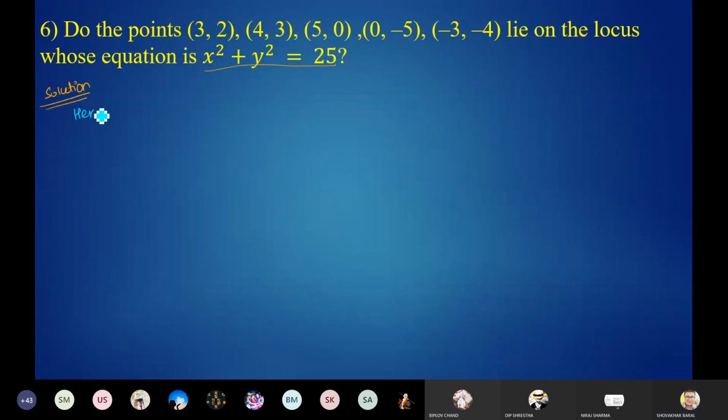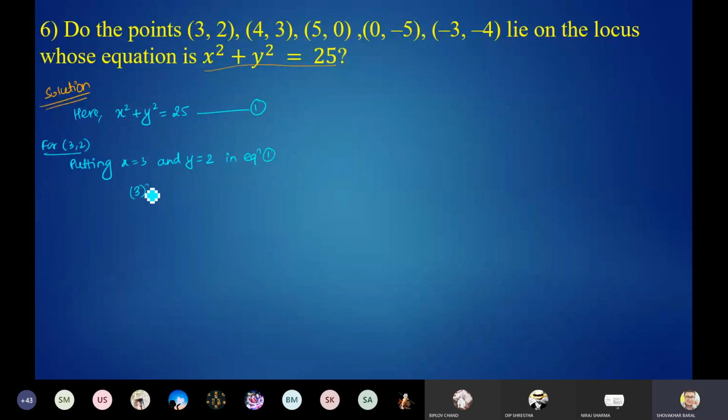Here, x square plus y square is equal to 25. This is the given equation. So let's take the first point, 3, 2. Putting x equals to 3 and y equals to 2 in equation 1, it will be 3 square plus 2 square equals to 25.